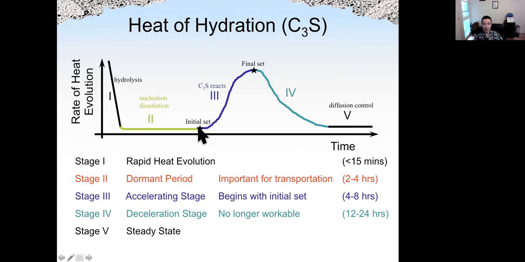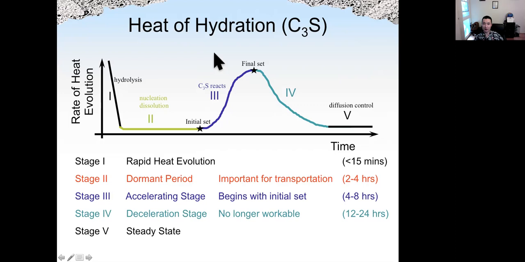After the so-called threshold concentration is achieved, then hydration product will begin to be produced. We're going to have initial set time. We have more and more hydration product produced. And at the end of stage 3, which is also called accelerating stage, is the final set time. Stage 3 is about 4 to 8 hours.